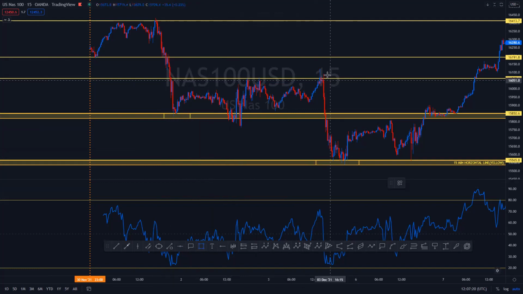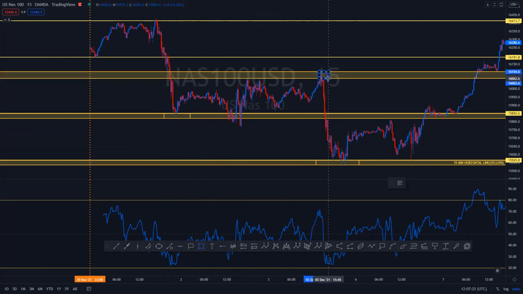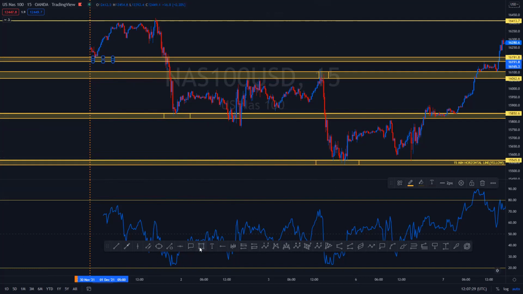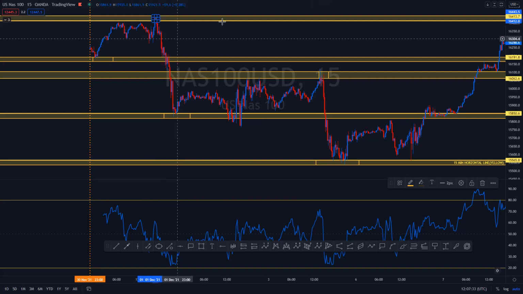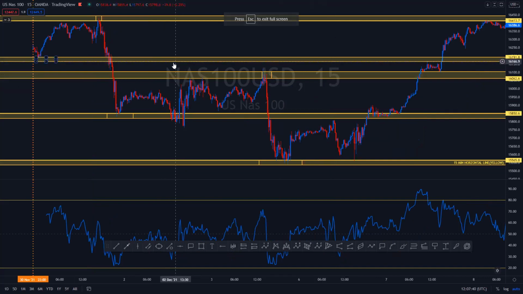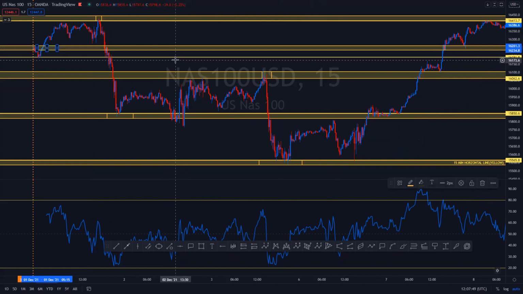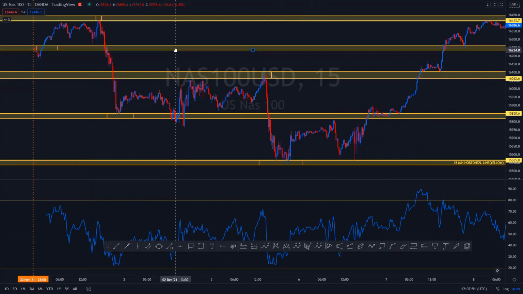That's how I mark up my zones. As a matter of fact, I might move this one up to here.